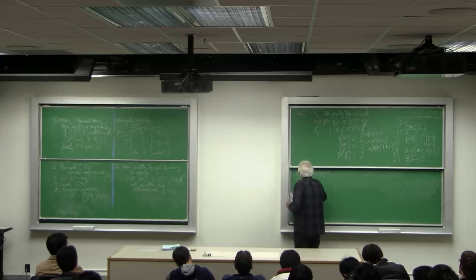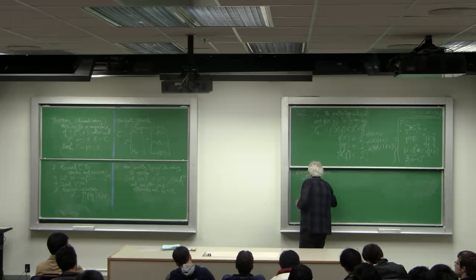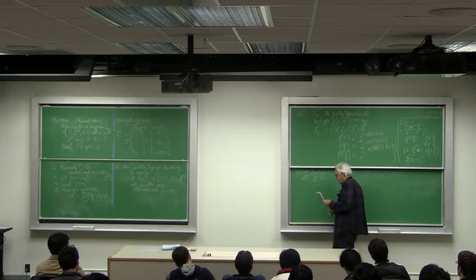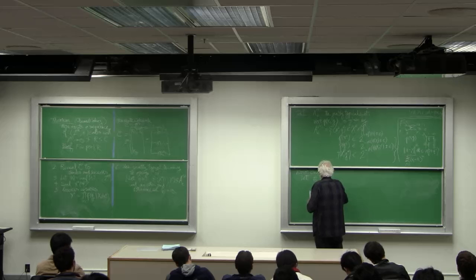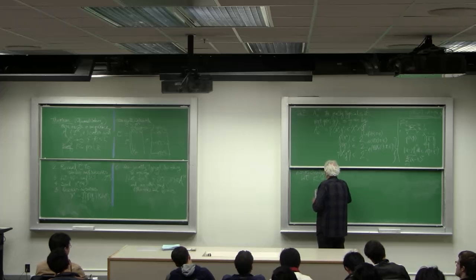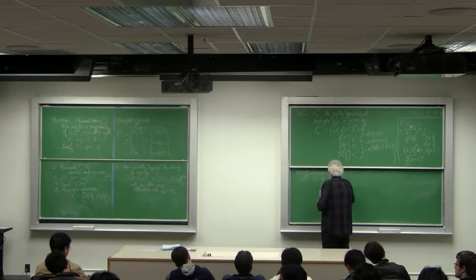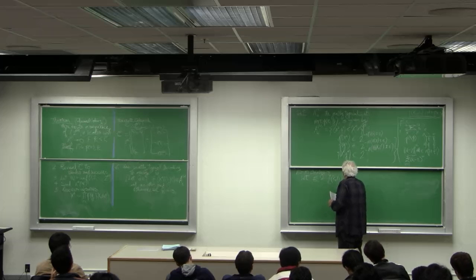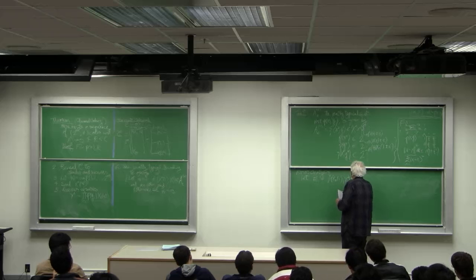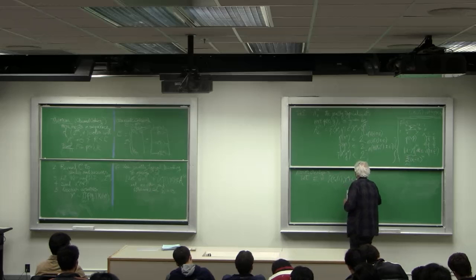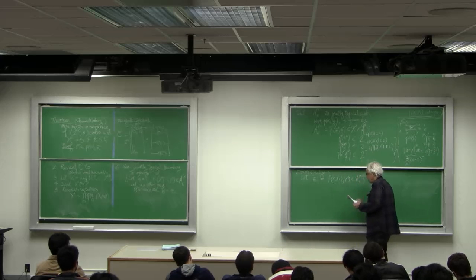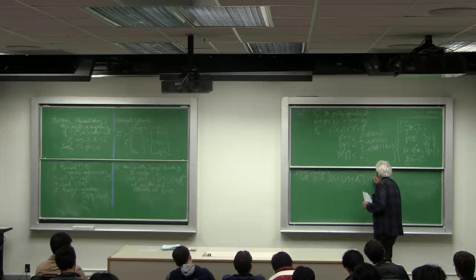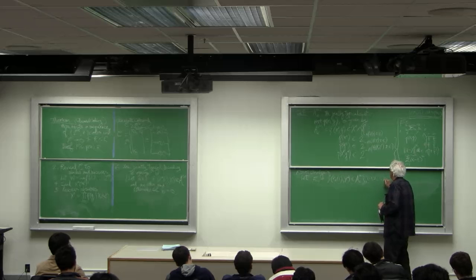Let Ei, because most of the time it's going to be an error event, so E for error, be the event that Xn(i), that's code word, and Yn are jointly typical. And we'll define this for i equals 1, 2, through 2 to the NR.